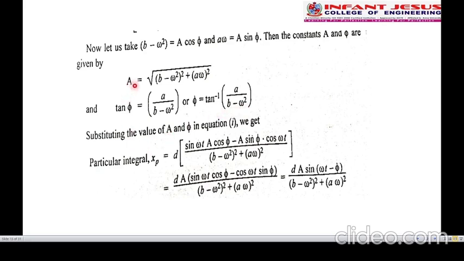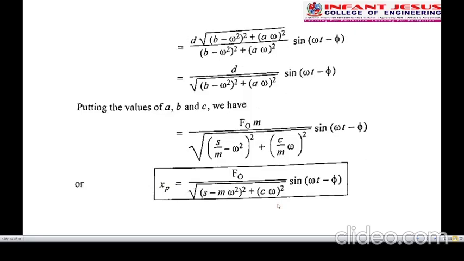Substituting the A value and phi value, we get the particular integral. The final answer for the particular integral is f naught sin omega t minus phi by root of s minus m omega square whole square plus c omega whole square.